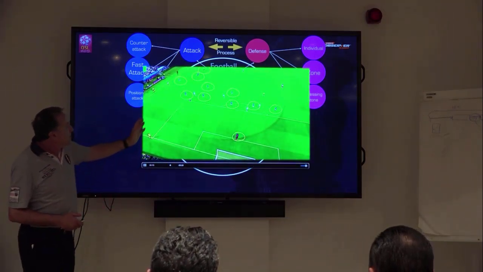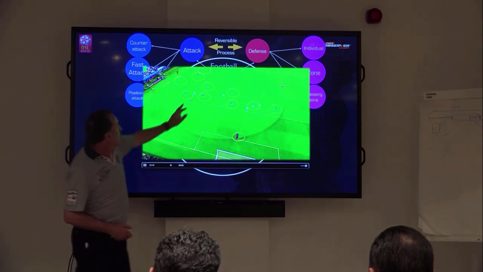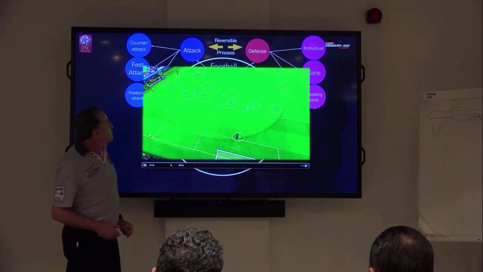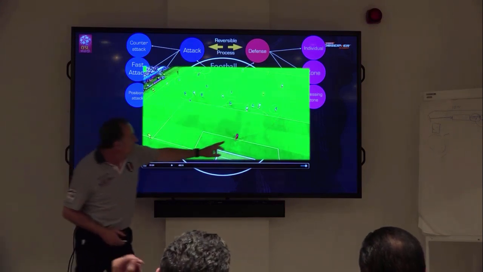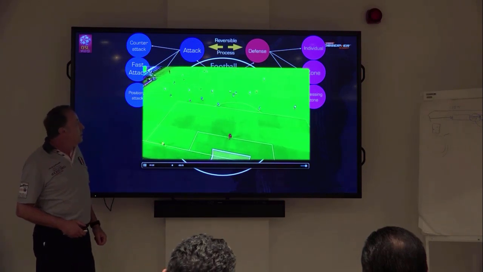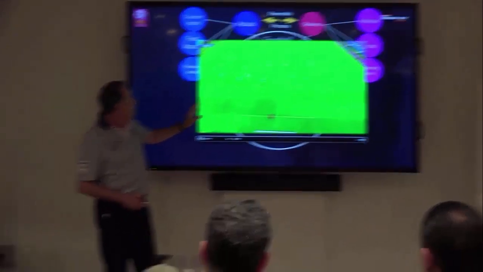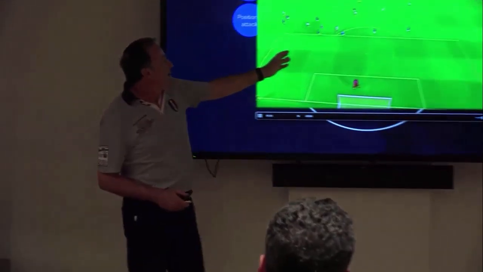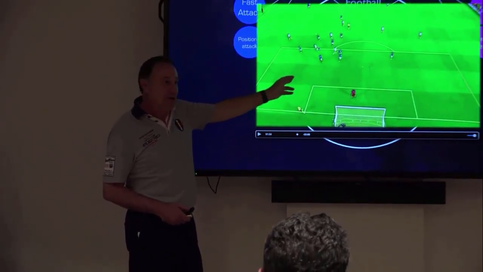Look, everyone has numerical superiority. Even the goalkeeper is up. So you can see, look, he loses the ball, but he recovers the ball.